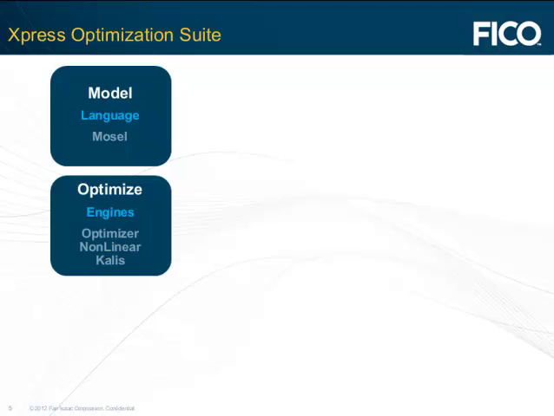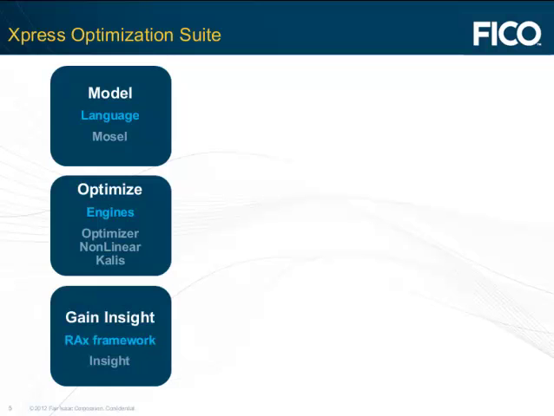We're doing this using our optimization engines, which are split into 3 parts. The optimizer, which contains the core engines starting from linear programming over mixed integer programming and quadratic programming type problems, then nonlinear optimization, and also constraint programming. Nonlinear was a relatively recent addition with the 7.5 release in April. I will go a little bit into the details about this as well.